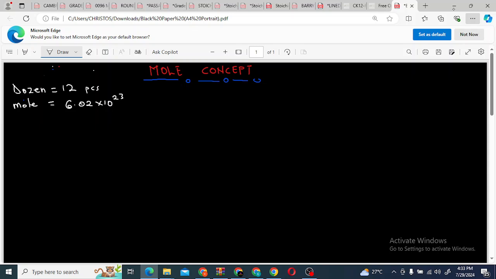Because we are narrowing our discussion to science and chemistry, I would want to write particles here. So a mole contains 6.02 times 10 to the power 23 particles. Make sense? So every one mole, that is the number of particles in there.